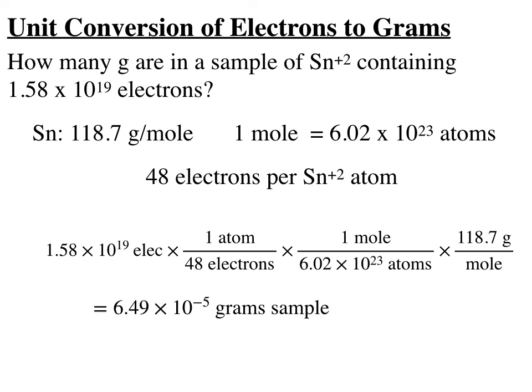Okay, so I have 3 conversion factors that I need to apply, and what I do below is line them up all in one complete continuous approach. I begin with my 1.58 times 10 to the 19 electrons. I use the electron conversion factor by putting that in the denominator, and then I use my Avogadro's number again by putting it in the denominator, and I put the molar mass of the compound in the numerator.